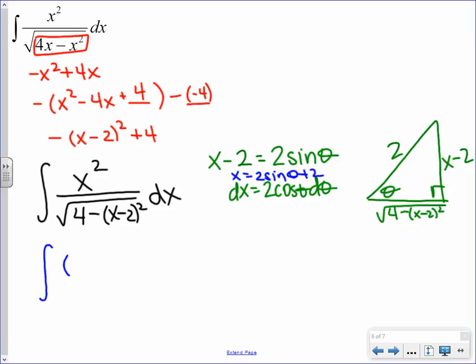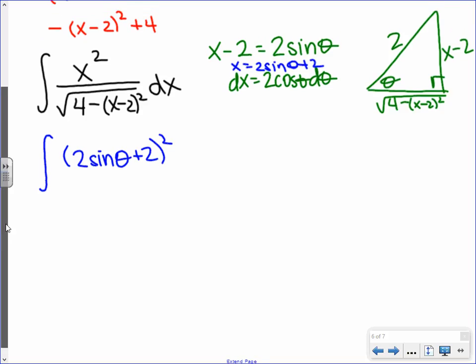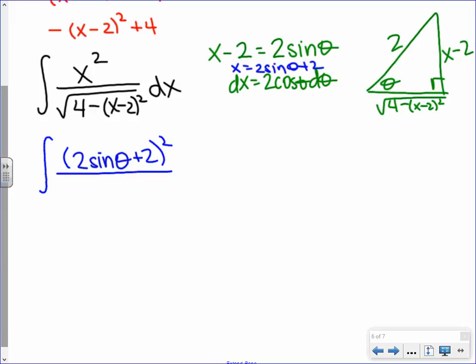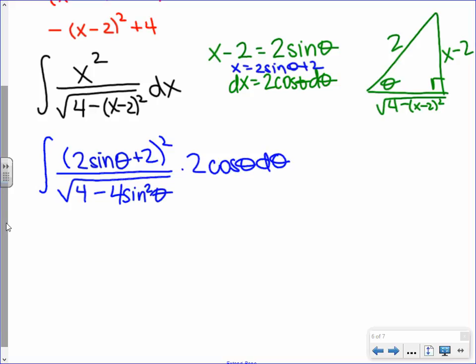So we have to plug in 2 sine theta plus 2 quantity squared over 4 minus x minus 2, which is the same thing as 2 sine theta. So I'm just going to write 4 sine squared theta right there. And then dx becomes 2 cosine of theta.